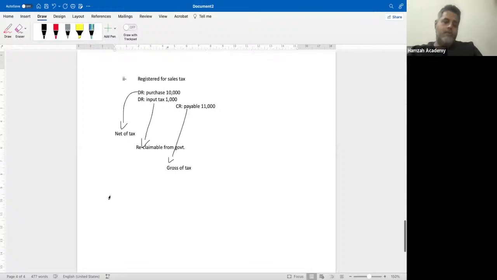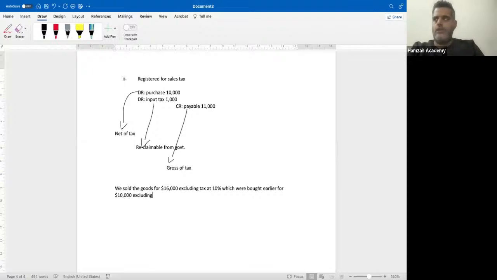Okay, so we just talked about where we purchased the goods. Now we sold the goods for 16,000, excluding tax at 10%, which were bought earlier for 10,000.